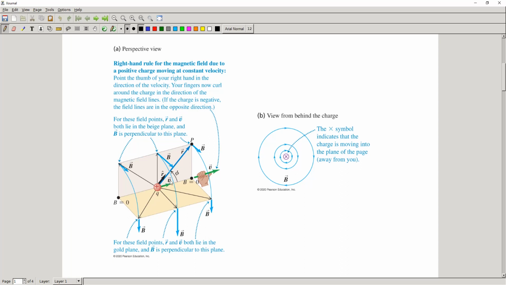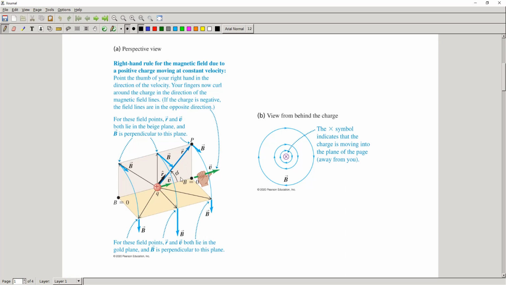This is our positive charge, this is our source point. And let's say we're interested in some measurement of the magnetic field at a point P out here. We have our vector drawn between our source point and our field point.